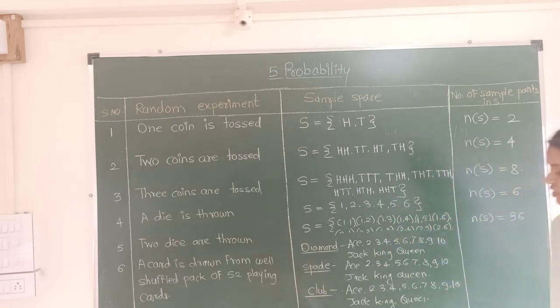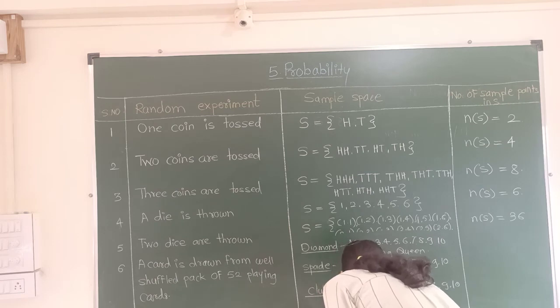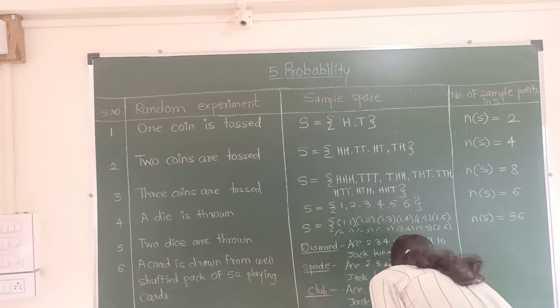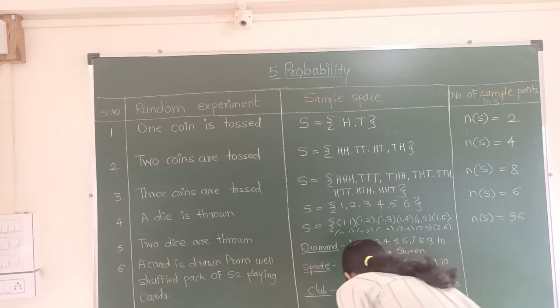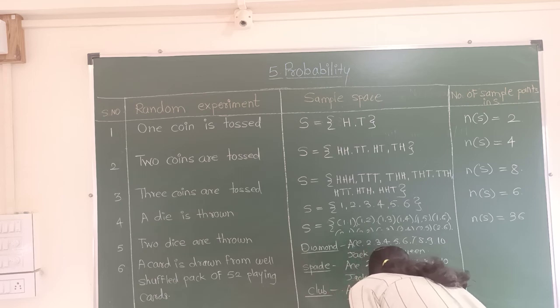So the last one is the heart. Heart consists of again ace, 2, 3, 4, 5, 6, 7, 8, 9, 10 and afterwards jack, king and queen.